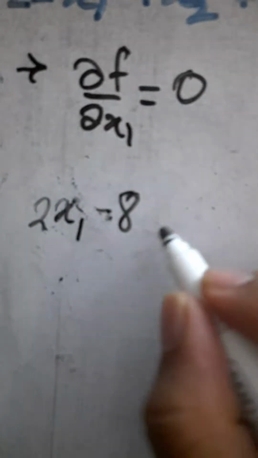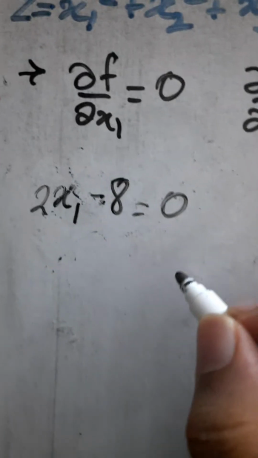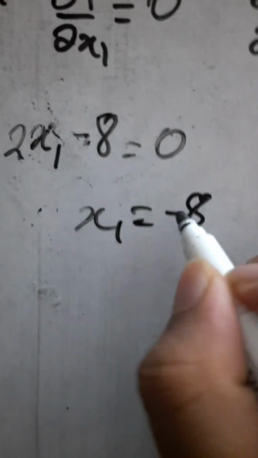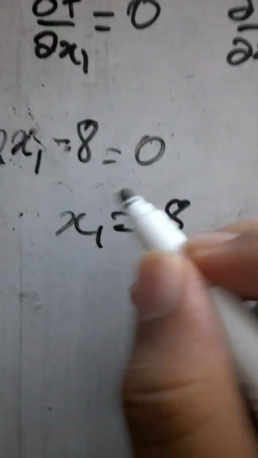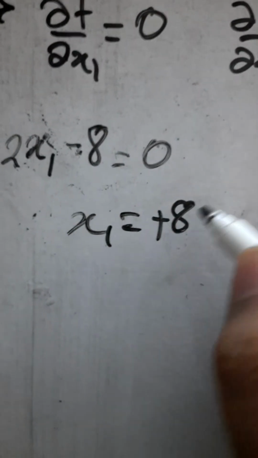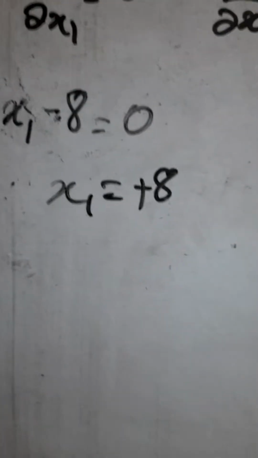So 2x1 minus 8. This is the answer of del f by del x1. So x1 equals, minus becomes plus because we are transposing from LHS to RHS. Its sign changes, meaning we give the opposite sign, plus 8. Let me give you an example.